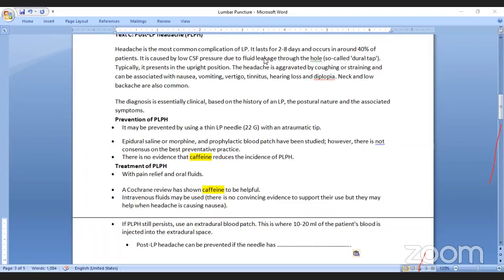Some of you will give the answer 22 gauge. That is wrong. If the needle has an atraumatic tip, it can prevent it. A thin needle with an atraumatic tip. An atraumatic tip is the answer. You need to fit the answer grammatically, so it should be an atraumatic tip needle.